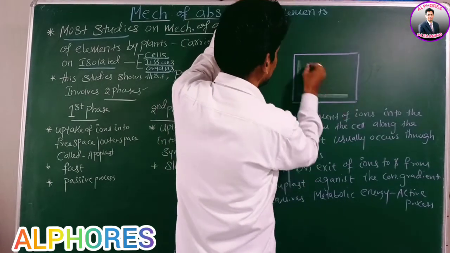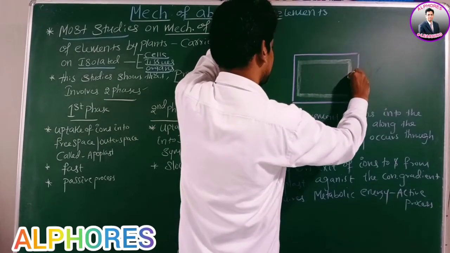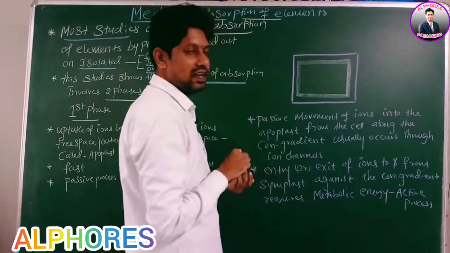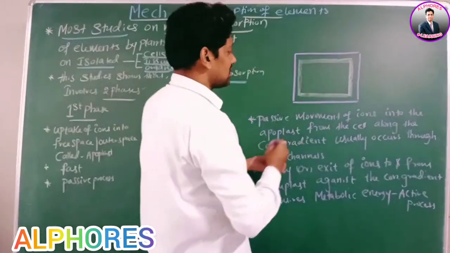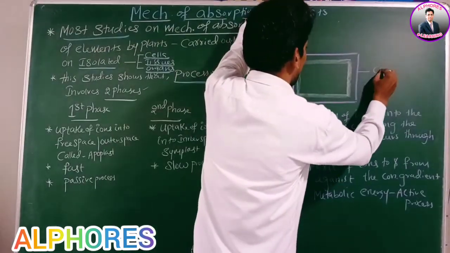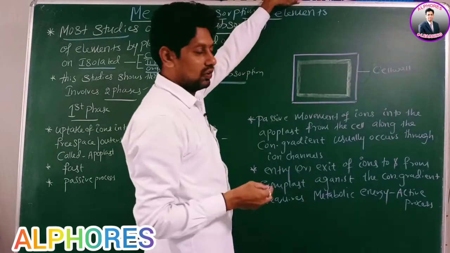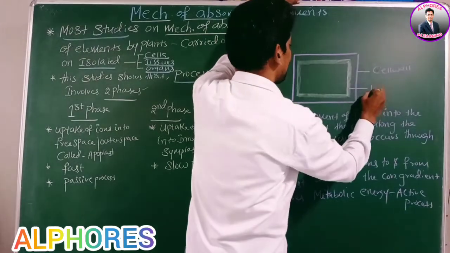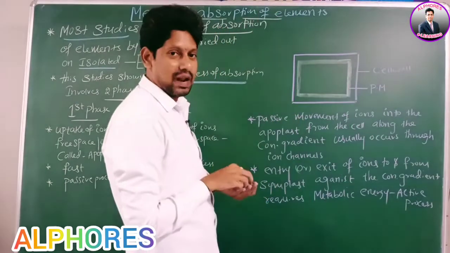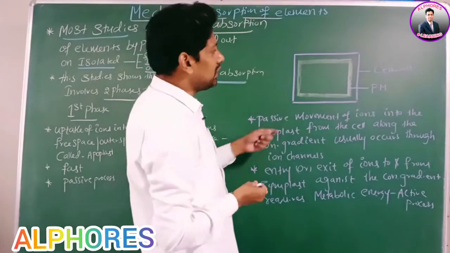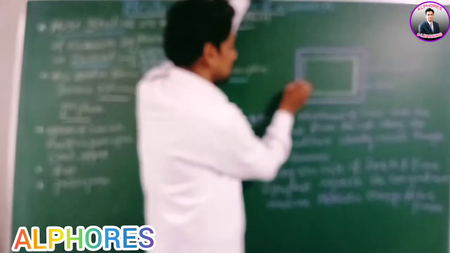In this plant cell, this is the cell wall. This is the plasma membrane. In between this cell wall and plasma membrane, you can see a space.